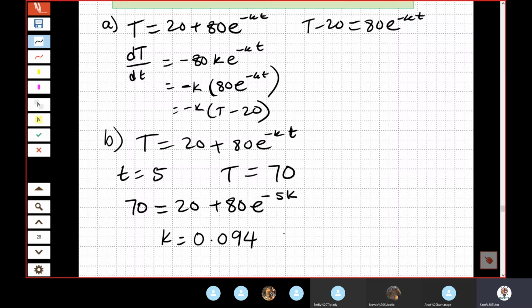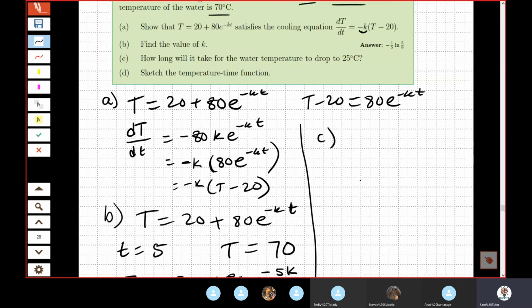No, we're good. That's really good. If you're really able to do that: 70, take away 20, divide 80, log it, divide -5, you're doing it as fast as anyone can do it. Okay, fair enough.